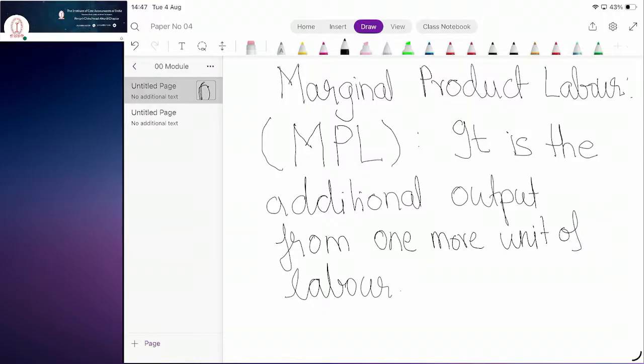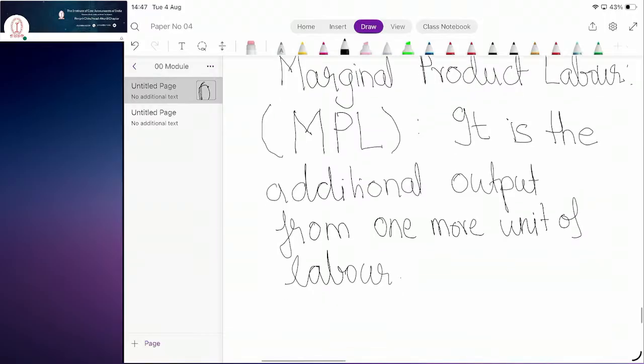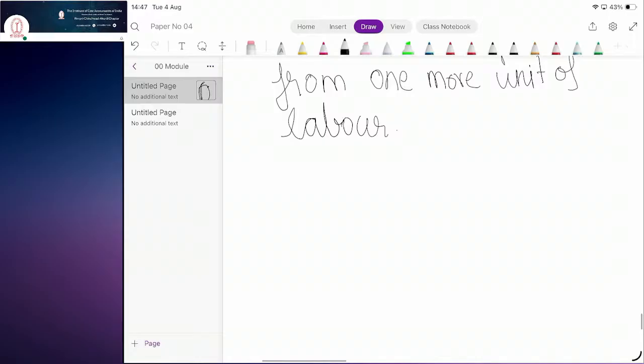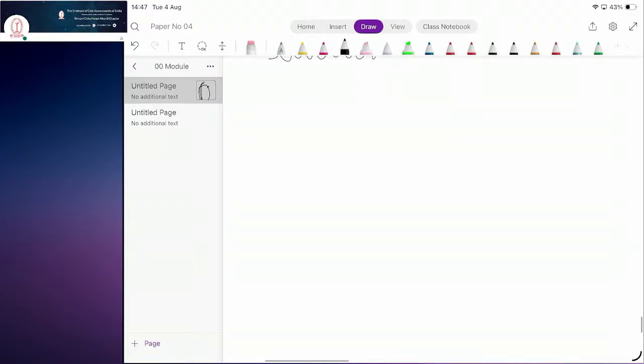The additional output from one more unit of labor is called marginal productivity of labor. We'll write the formula for this, but I want you to do one very simple exercise. I hope that if you're feeling sleepy, you will get up.